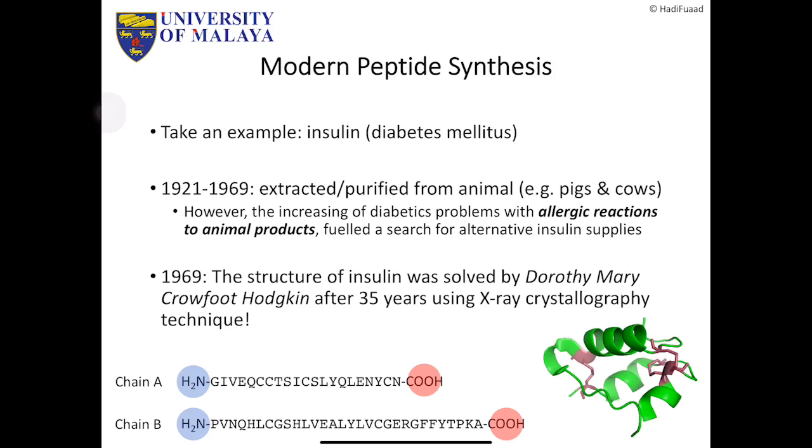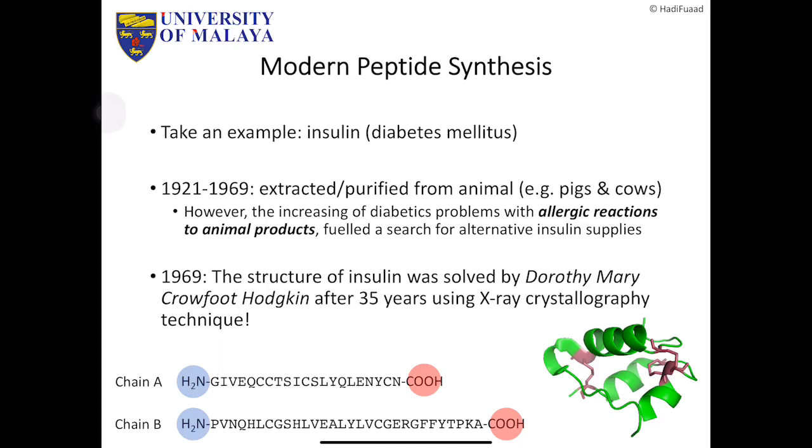In 1969, when genetic technology was being discovered, the structure of insulin was... oh wait, sorry. Not yet about gene technology. So in 1969, as a chemist, when you want to do something, if you know your end goal, then it will be easier for you to do it.